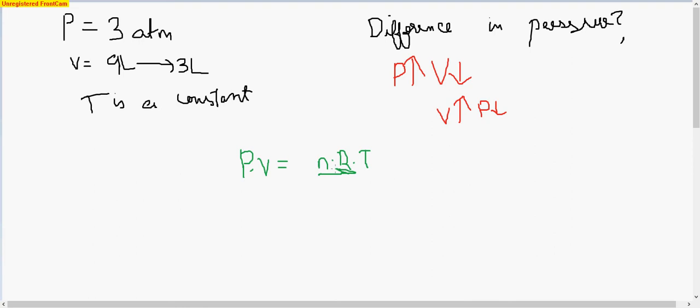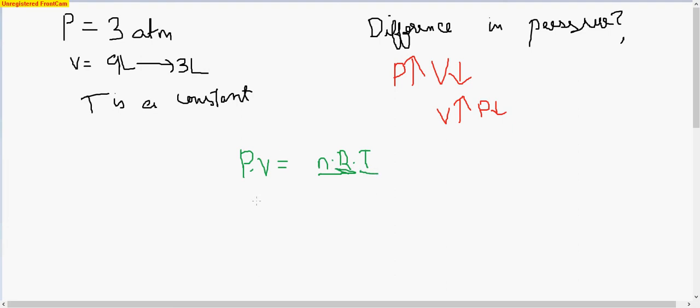What about R? There is no change in units, right? We're not actually converting atm to Pascal when we put it into another container, are we? No, that would be a foolish thing to do. So R doesn't change. And what about temperature? Do we change the temperature? No, we don't.